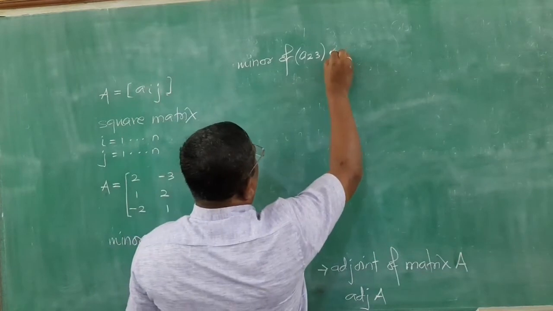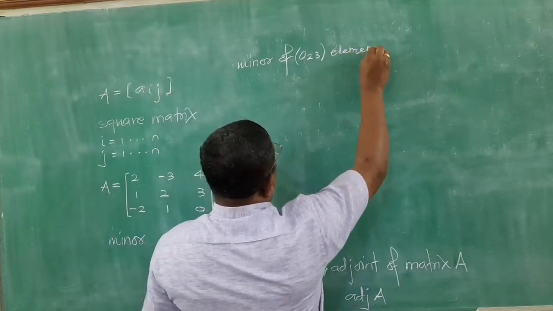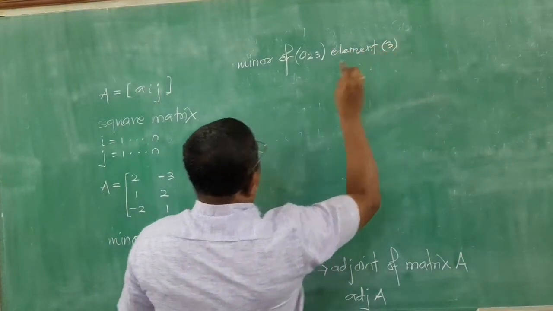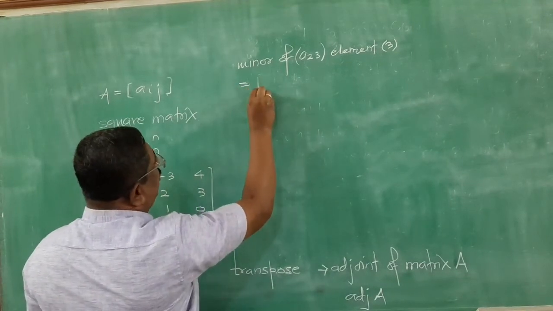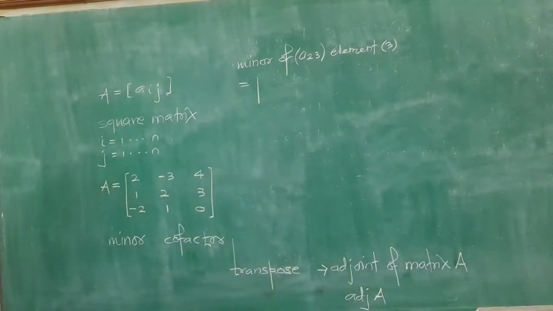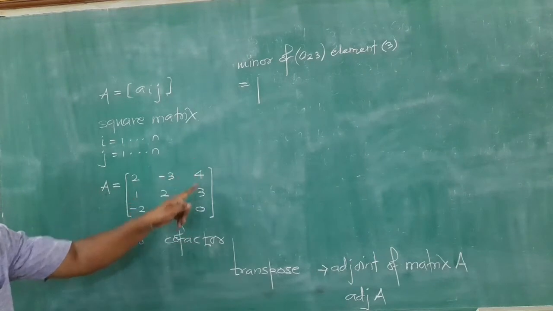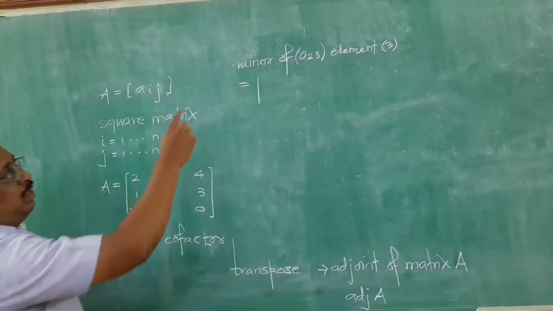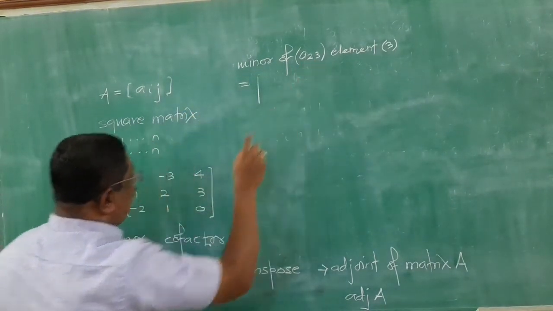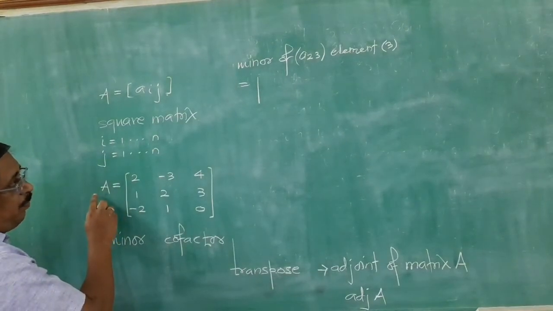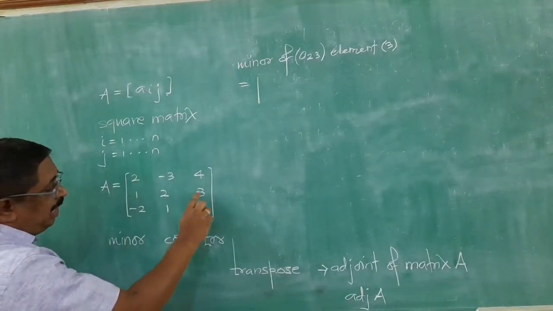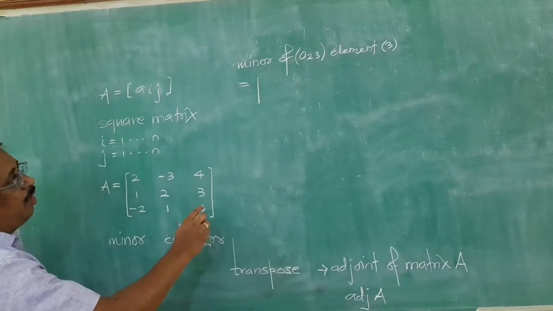Minor of A23, that is element 3, is equal to the determinant obtained by deleting the second row and third column. Minor of element A23 means deleting the second row, third column.